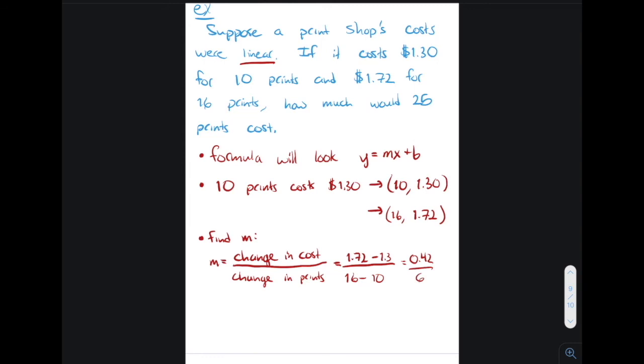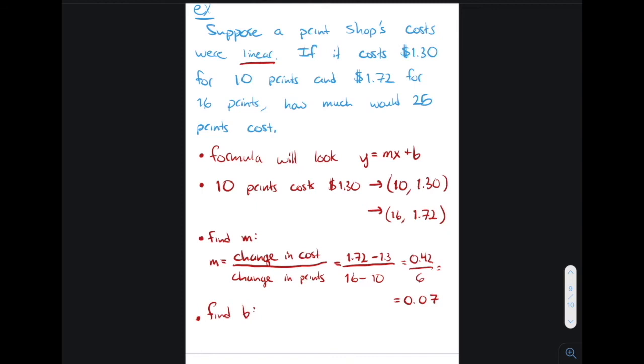Altogether, we'd get 0.42 over 6, which will result in 0.07 as our slope. We'd also want to find what our b is, or what our y-intercept is.